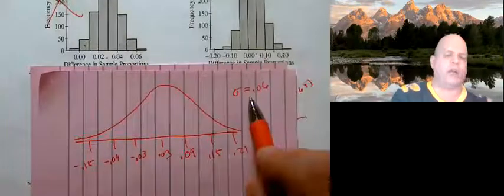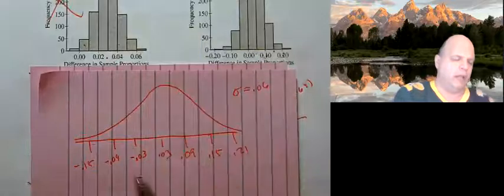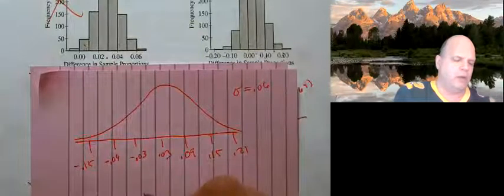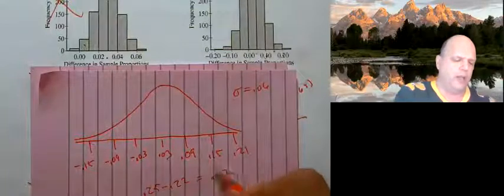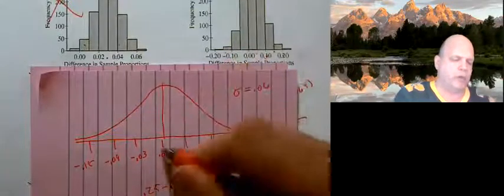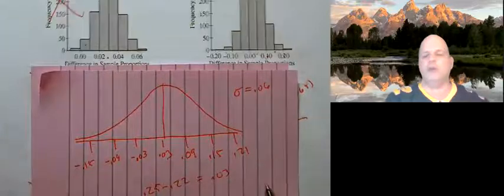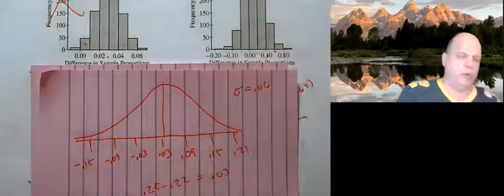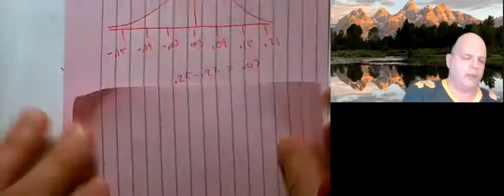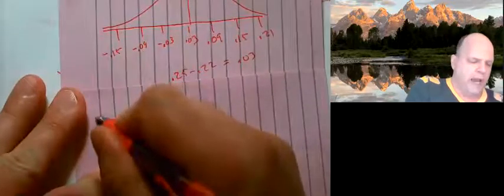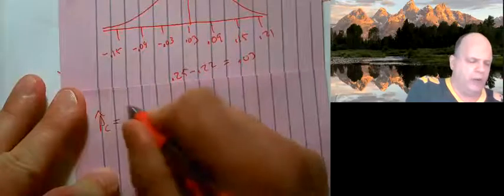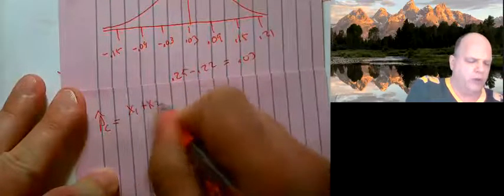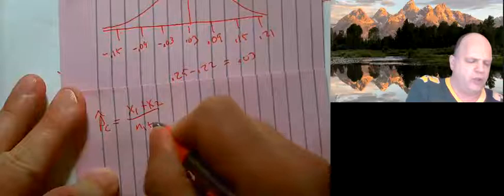But basically, we calculated the mean, and we calculated the mean by going 0.25 minus 0.22 equals 0.03. That gave us the center right here at 0.03. Then we used our formulas. P hat combined equals x1 plus x2 over n1 plus n2.